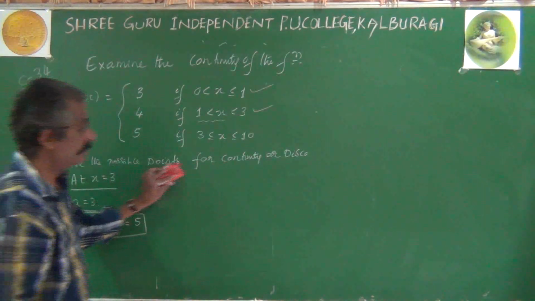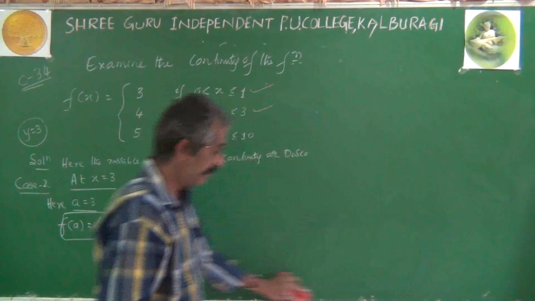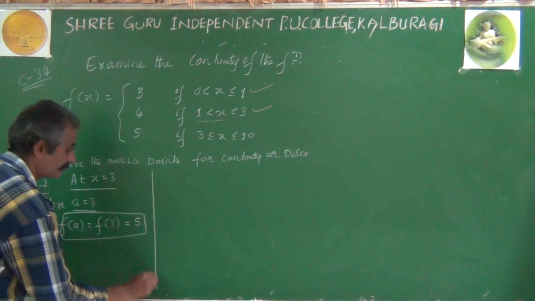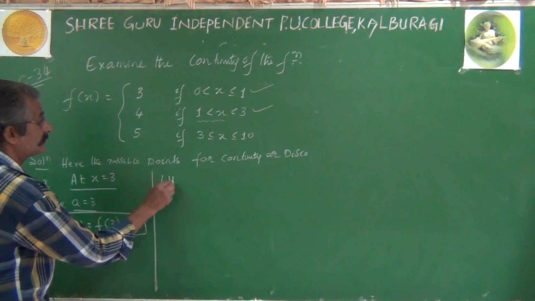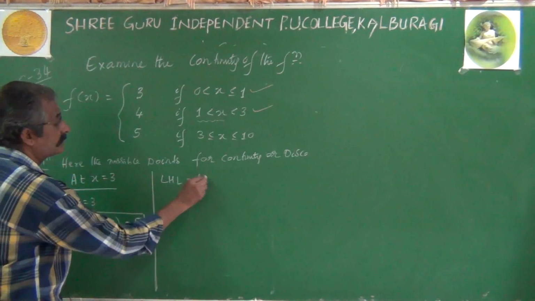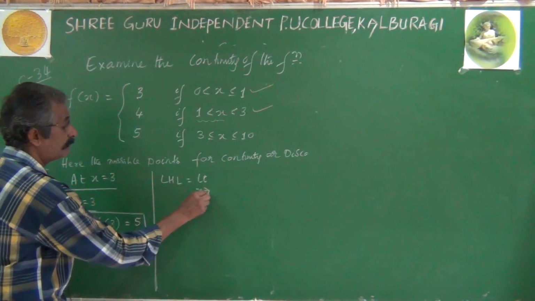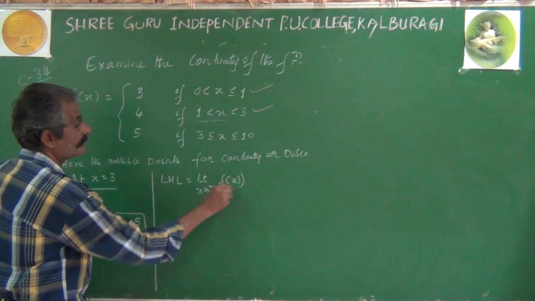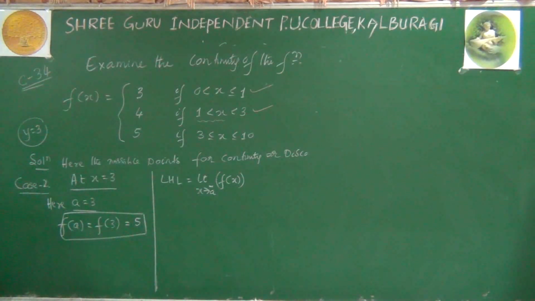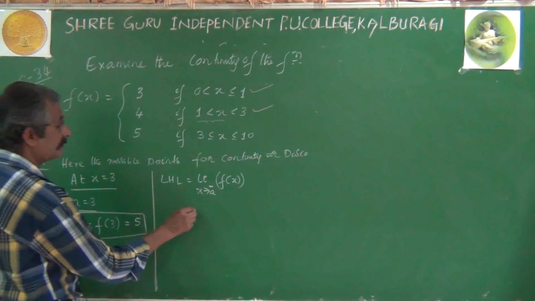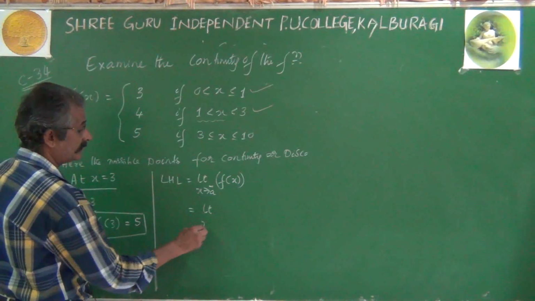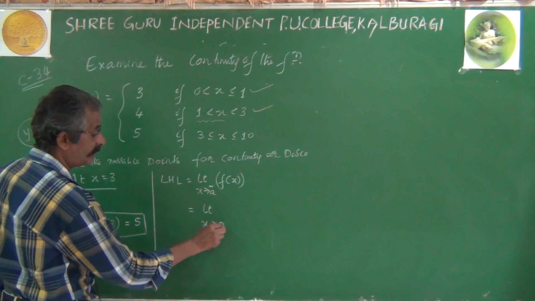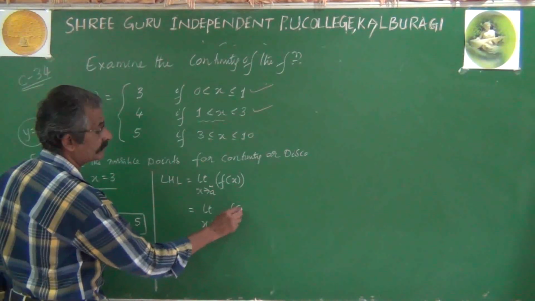We shall find the left hand limit and right hand limit. Left hand limit, limit x tending to a minus of f of x. That is limit x tending to 3 minus of f of x.